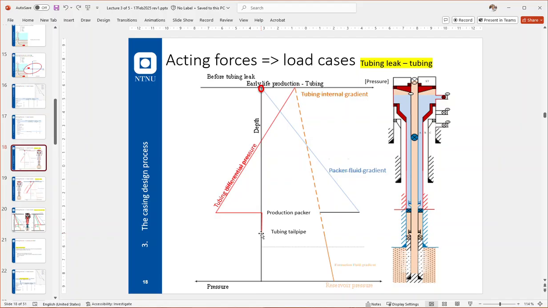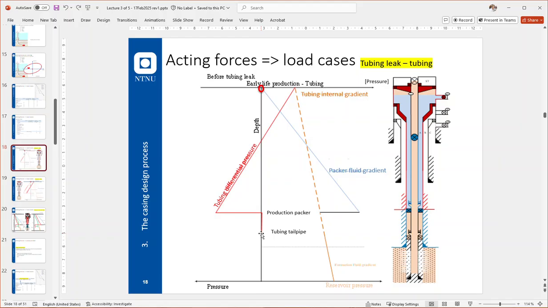How corrosion actually works in this case: all the fluids that are produced over time leak through the connection between the liner hanger and the end of the tubing tailpipe, because you need to have at least a one-way communication there.